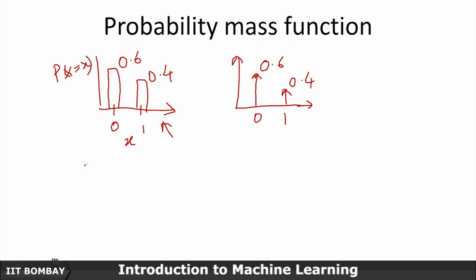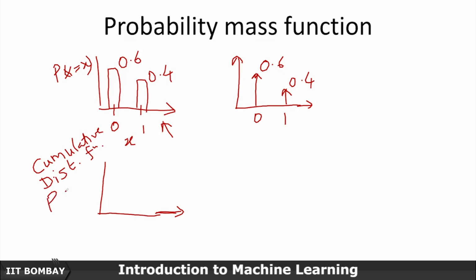Now, the other thing is that I can convert this into a CDF, which is a cumulative mass function or cumulative distribution function, in which case your y axis is the probability that x has value less than or equal to x.